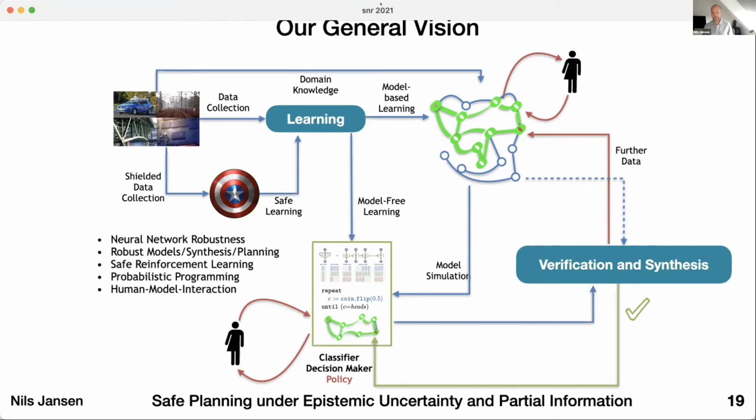And this takes substance in several directions: work on neural network robustness, robust model synthesis and planning, safe reinforcement learning, and what I call human-model interaction, which others call, of course, human-machine interaction, but I've never had a human interact with a machine personally. So this is what I did, but not in our research. So this is what we call it here.